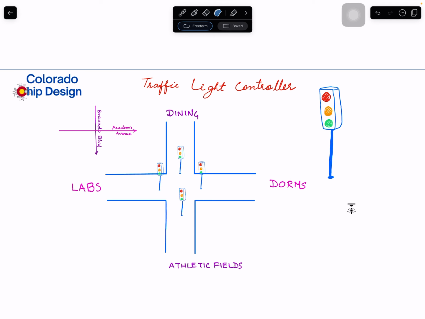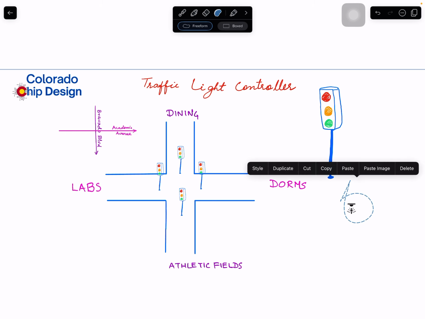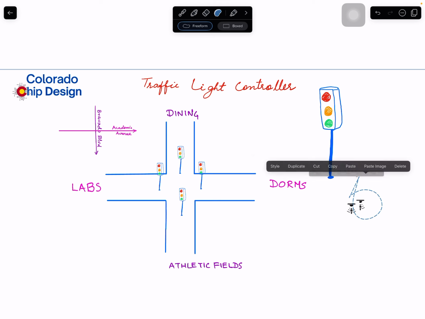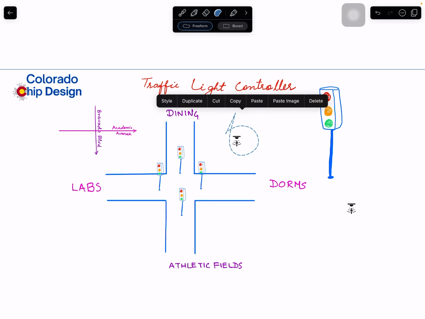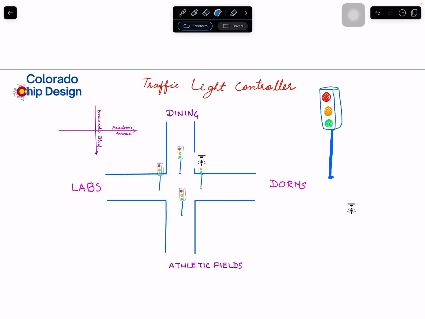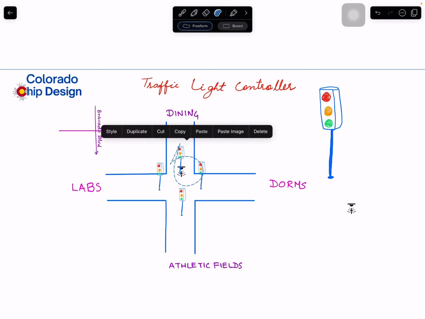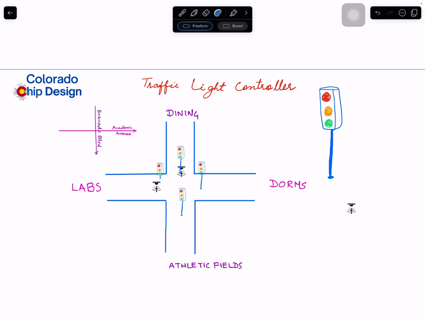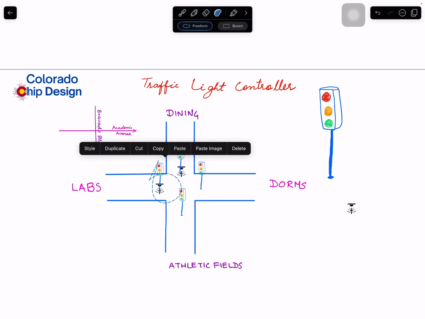Then we need to put sensors, right? So here's my sensor. I didn't create that, I copied that. Duplicate. Oops, it's an image. Can I put it here? Okay, it's fine. There's one here, one on this side. It's okay, let's put it like that.